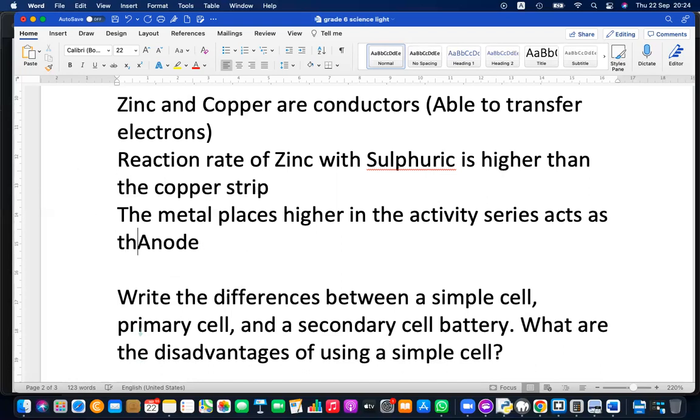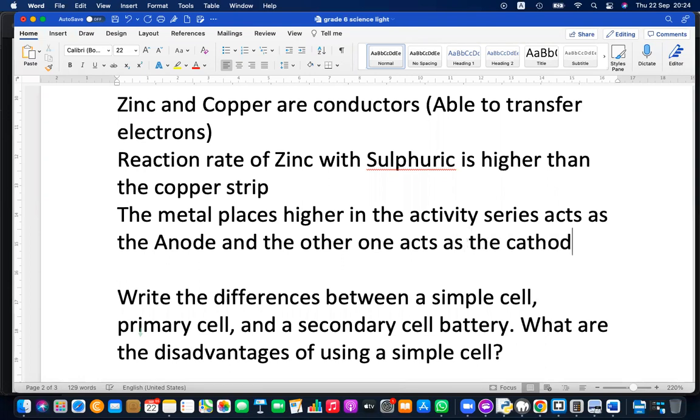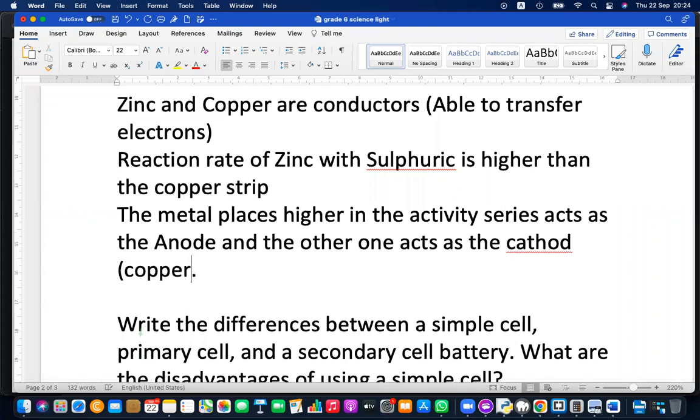The anode. And the other one acts as the cathode. Both are metals, right? I don't want to mention that. Actually here cathode is copper, anode is zinc.